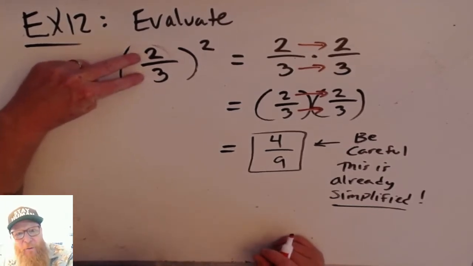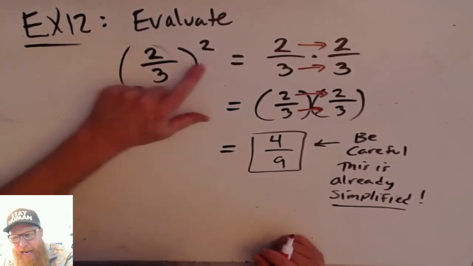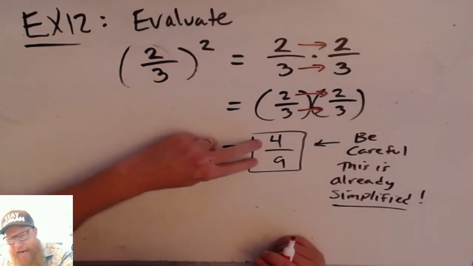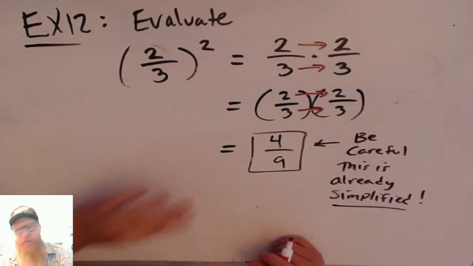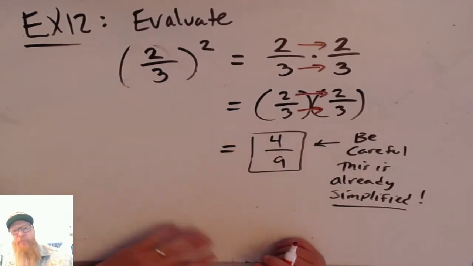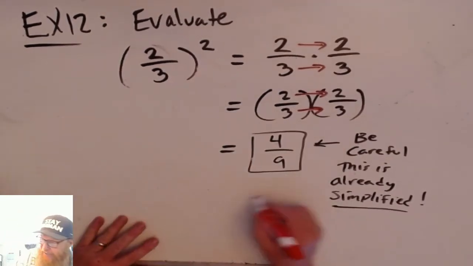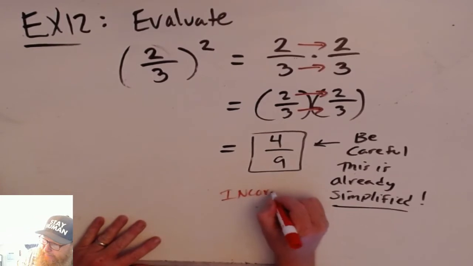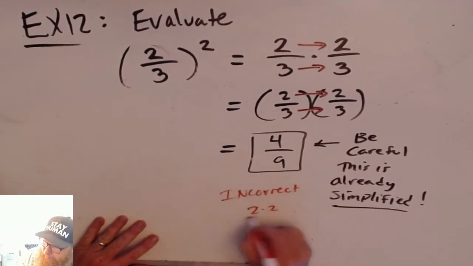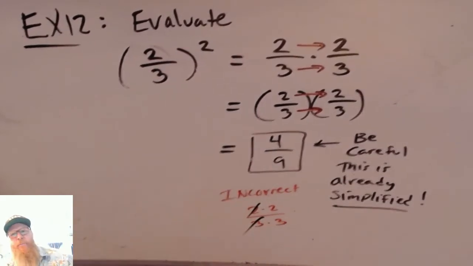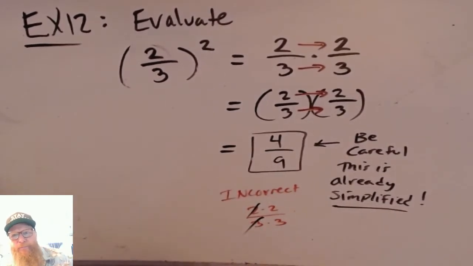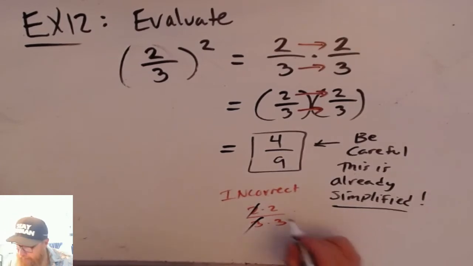If you start with a simplified fraction and then you square it, your answer will always be simplified already. Don't try to then simplify 4/9. I have seen people do this, and it really breaks my heart. Yeah, that's incorrect. I've even seen people do that.